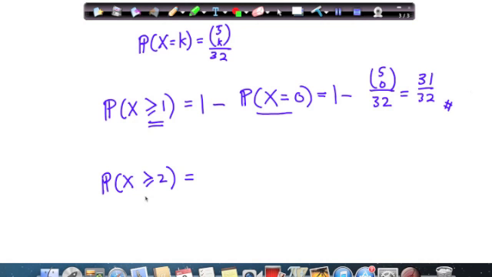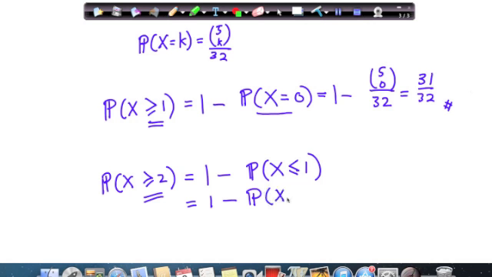What about the probability of having at least 2 heads? Well, the complement of this event is that we have at most 1 head. So this probability is 1 minus the probability of the complement, which is the case when x is at most 1. We know that x cannot be negative, so either x is 0 or x is 1.